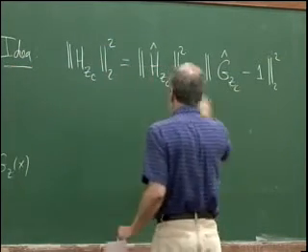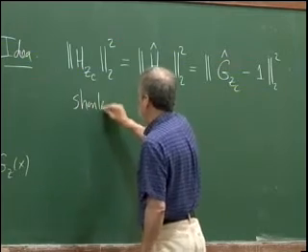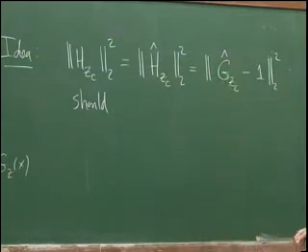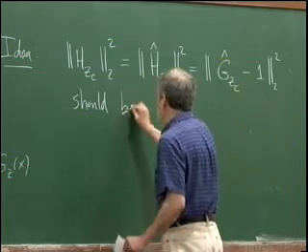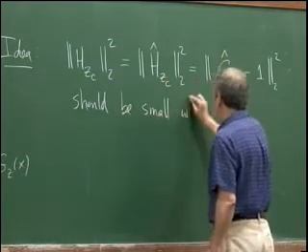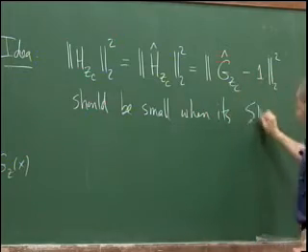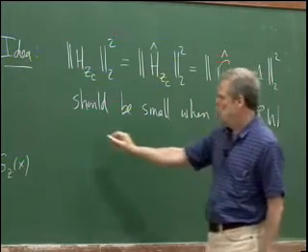So the idea is that this should look like its simple random walk counterpart. That's what we want to try to exploit somehow. It should be small when its simple random walk counterpart is small.